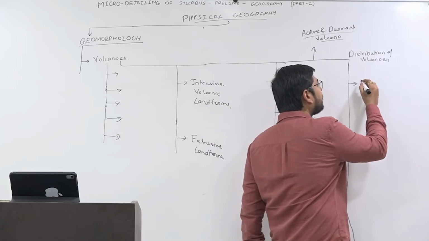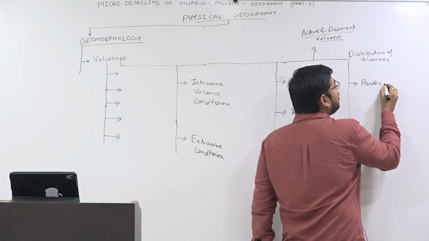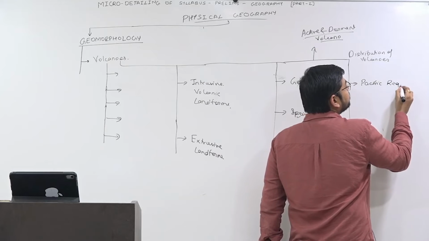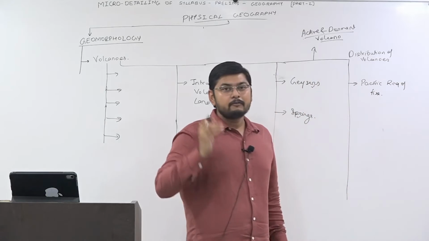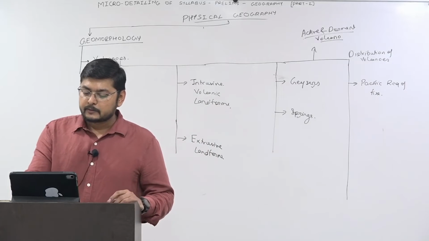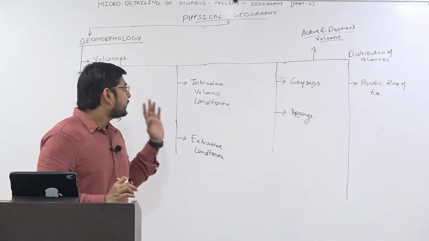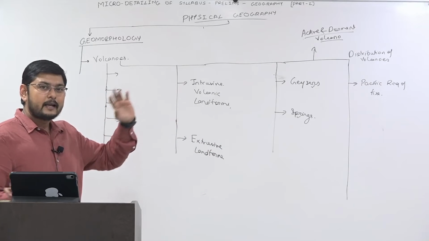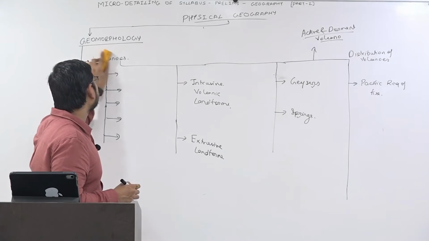But we have a very important part here, that is the Pacific Ring of Fire, where we'll study in detail the different volcanic features. Okay, so this is the first thing: types of volcanoes, the landforms related to the volcano, and the distribution of volcanoes over the world.